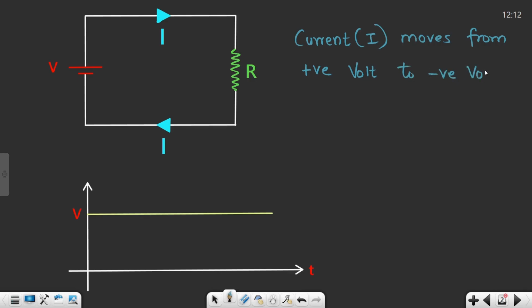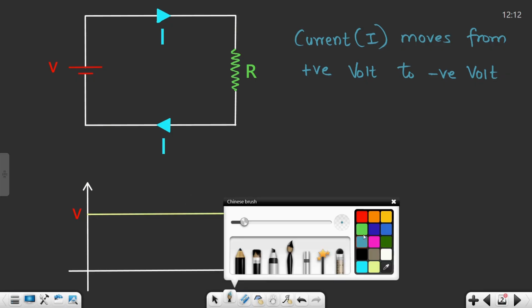And you see, since there isn't any change in the voltage, neither in magnitude nor in the terminals, the voltage will remain constant throughout, and since my voltage is constant, current will also be constant.